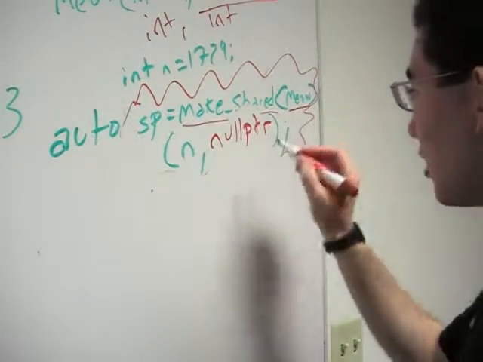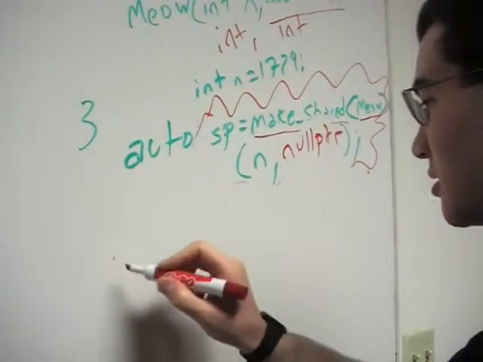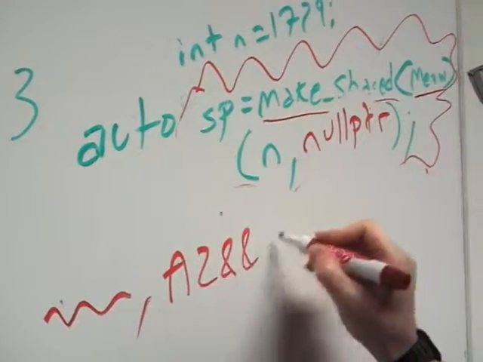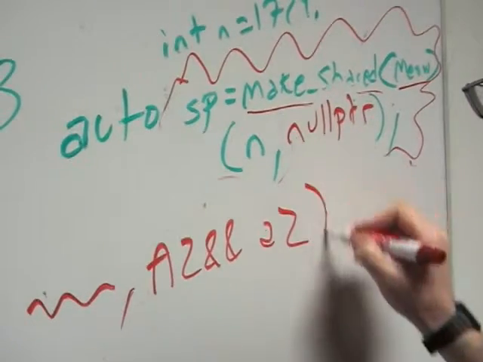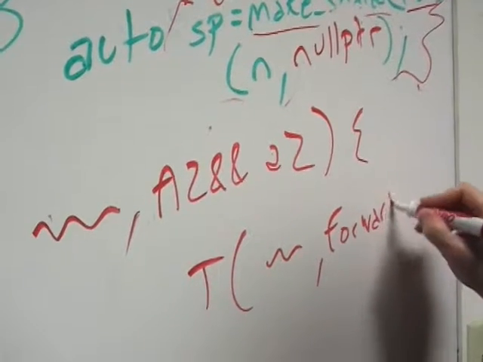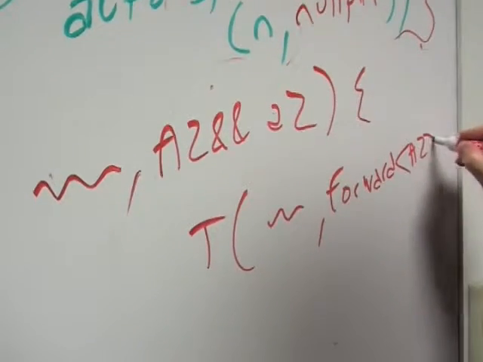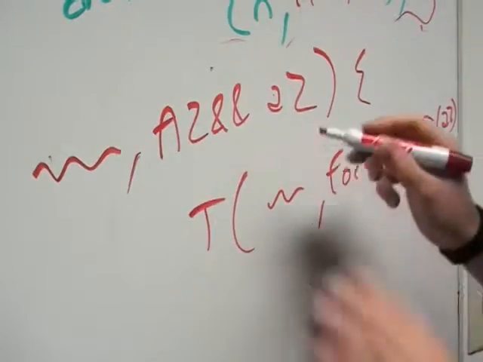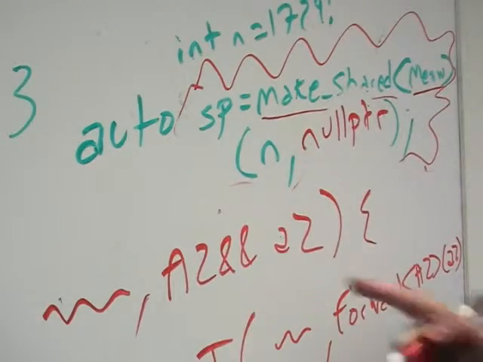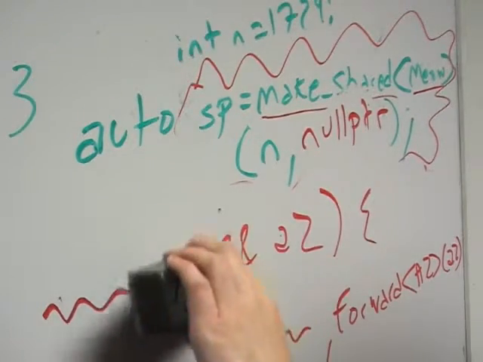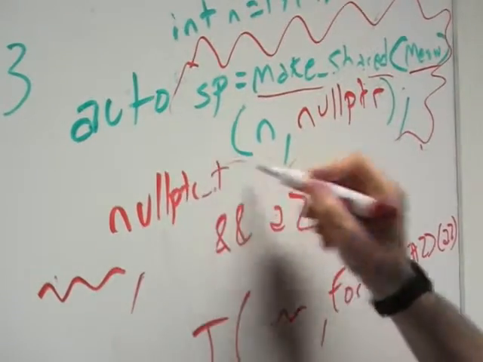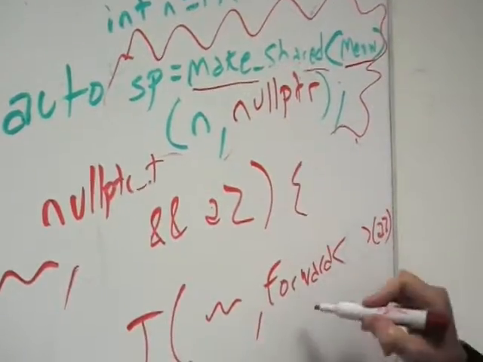what happens is that when I'm calling make shared and I perform template argument deduction, make shared is taking A2 ref A2, and then it passes to T, forward A2 like this. Here we're passing it the null pointer literal nullptr. So this type here gets deduced as nullptr_t, because that's the type of nullptr. And then here we just substitute it in.